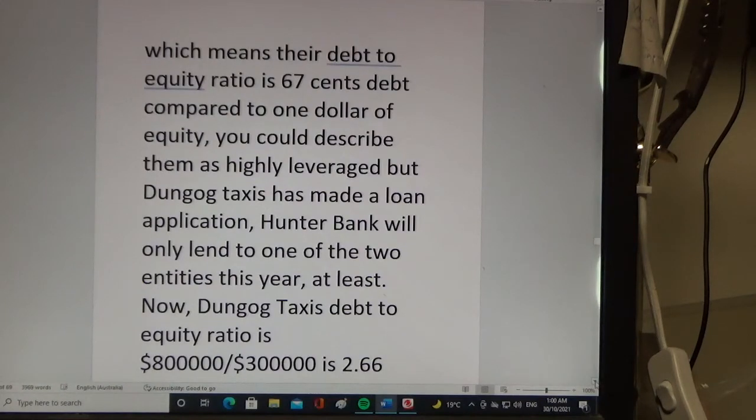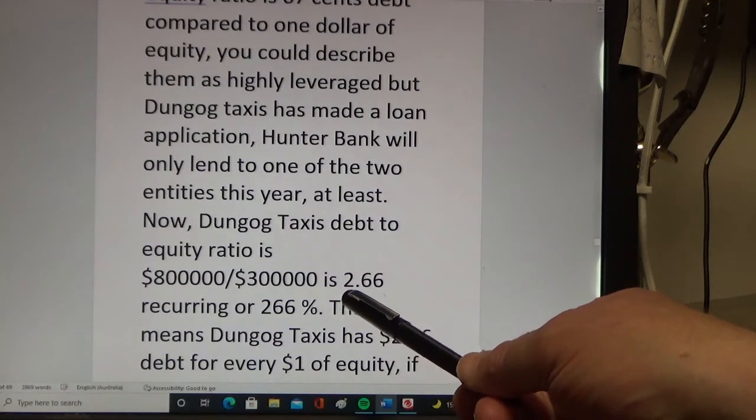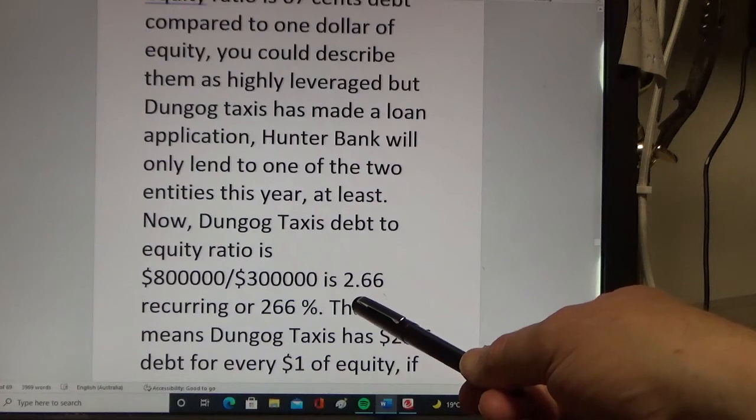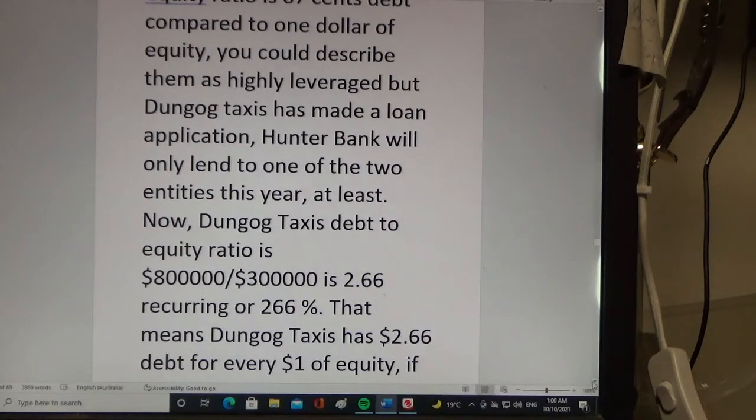Now Dungog Taxis debt to equity ratio is 800,000 debt over 300,000 equity. That's out of proportion. That's actually more than a whole number, 2.66 or 266%. That means debt massively outweighs equity.